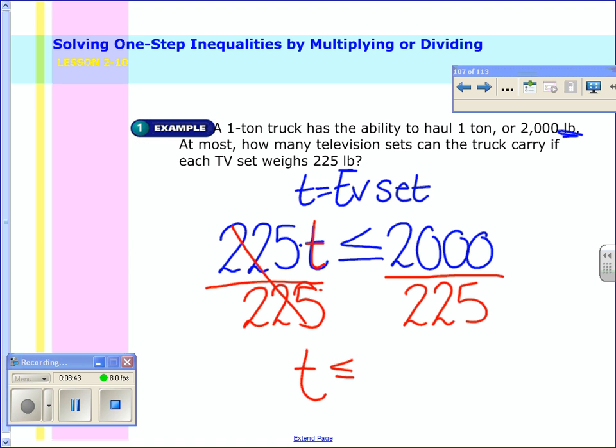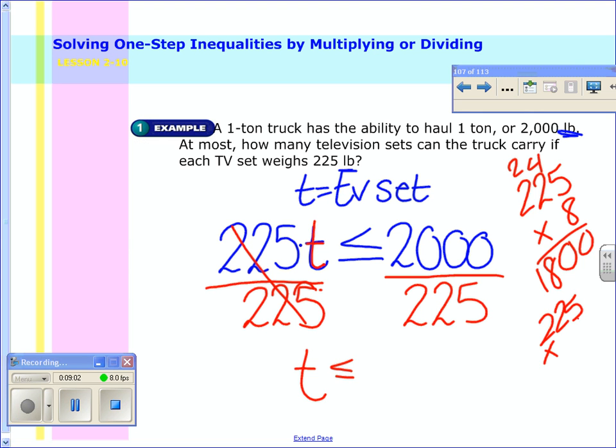How many times does 225 go into it? We're going to try 8. 40, 16, 20, 16, 17, 18. All right, that's not quite enough. So we're going to try 9. 225 times 9, and again, you could divide this out. 45, 18, 22. Oh, that's too much.